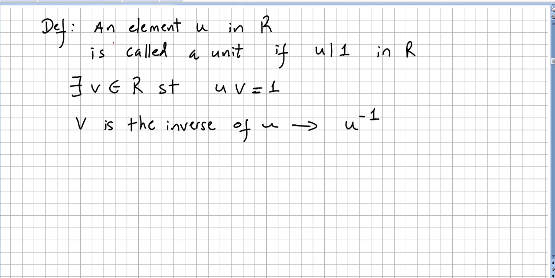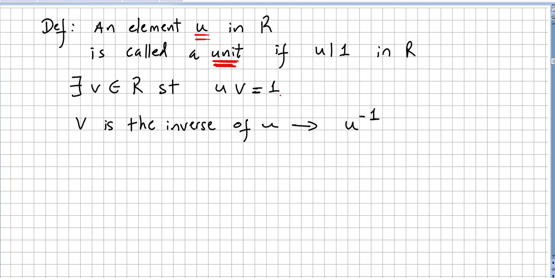Okay, another definition. An element U in a commutative ring R is called a unit. This word is very important. If U divides 1 in the commutative ring, that is, if there is an element V in the ring, of course, such that U times V is 1.